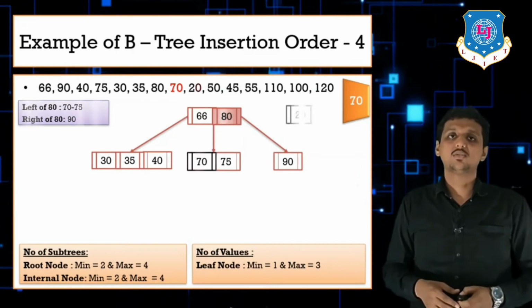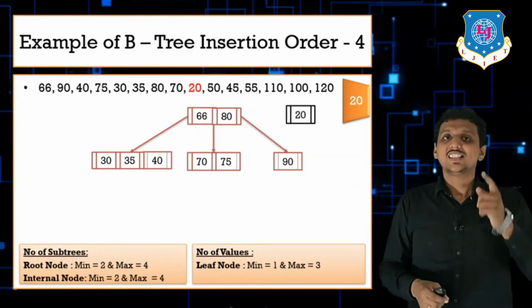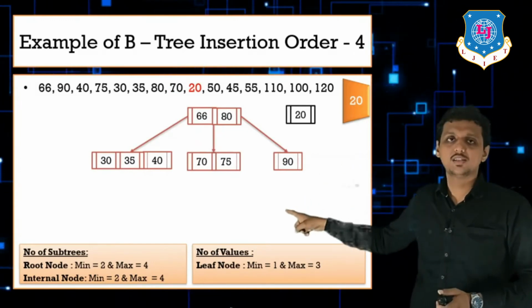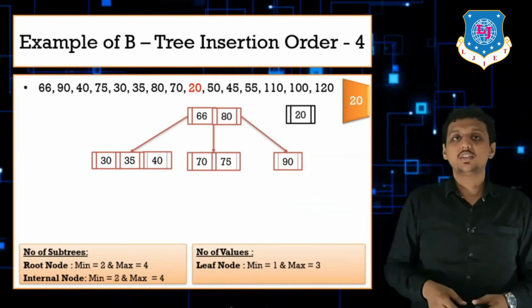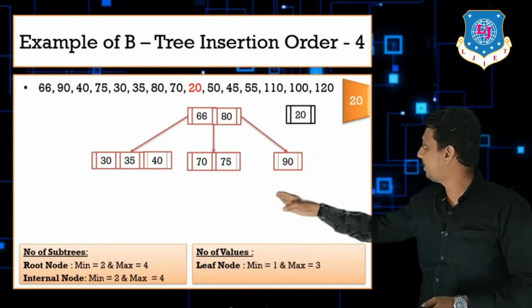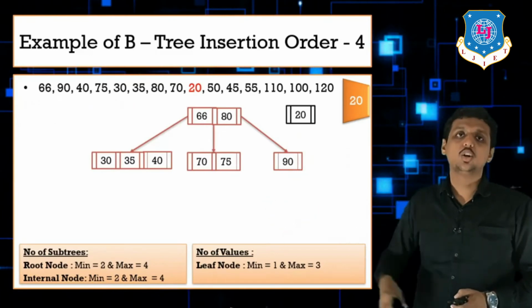Okay, now next we have 20 with us. So what happens? Same as 70, here 20 does not have enough space to enter this node. Check, on the left side of the 66 students we have 30, 35 and 40. So 20 must go over there, but it cannot be inserted.